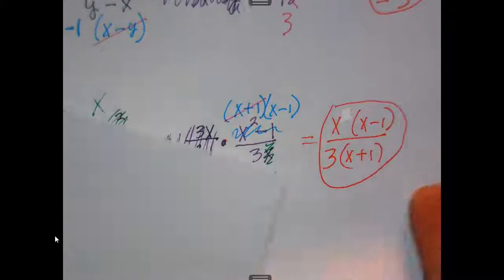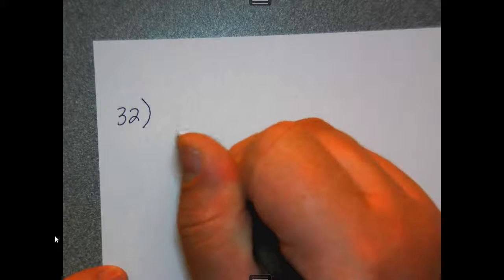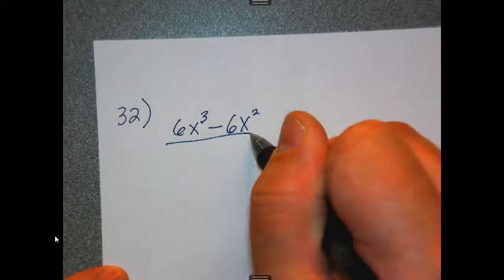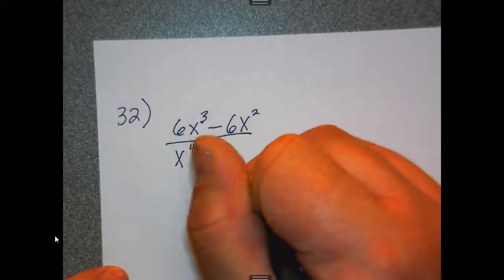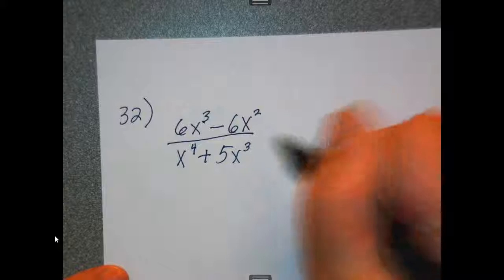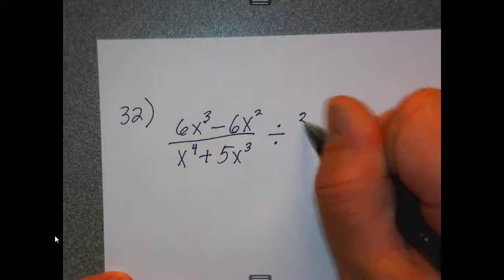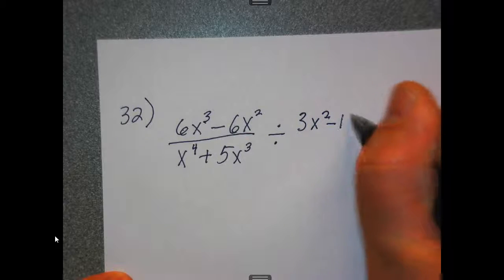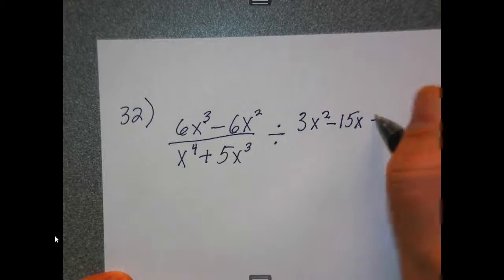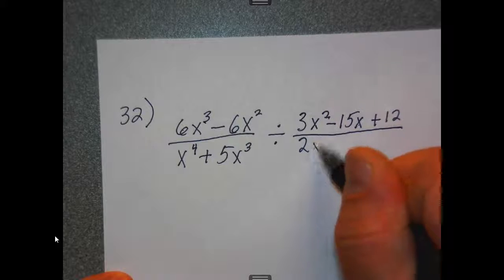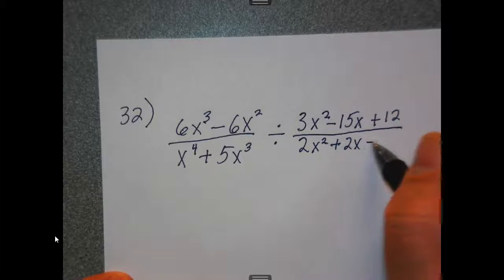All right, 32. I have 6x cubed minus 6x squared all over x to the fourth plus 5x cubed, divided by 3x squared minus 15x plus 12 over 2x squared plus 2x minus 40.